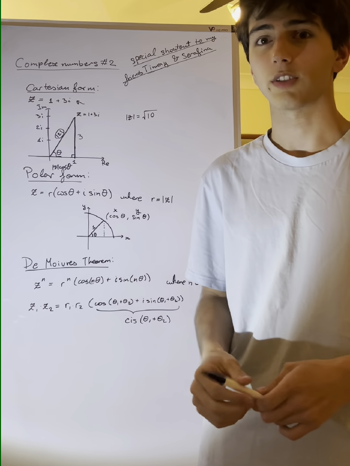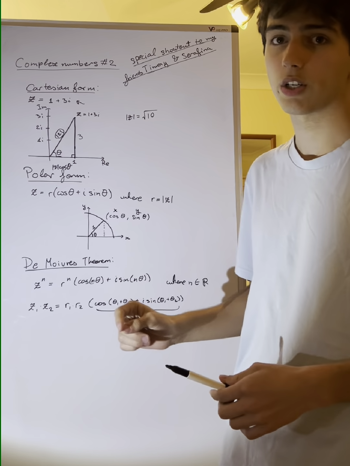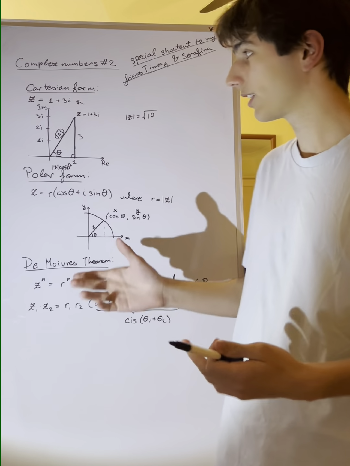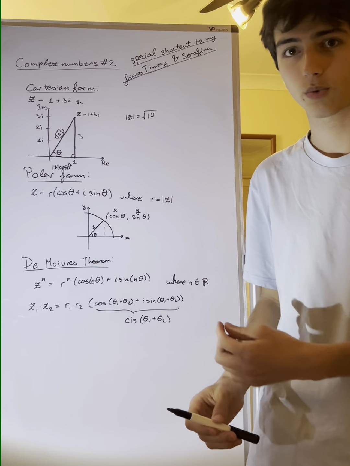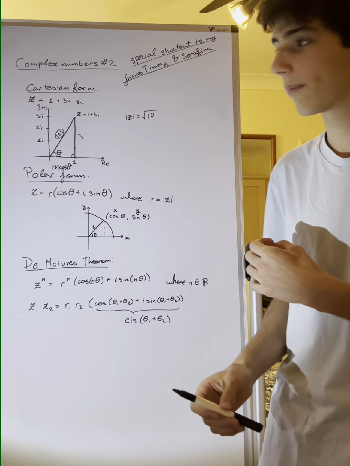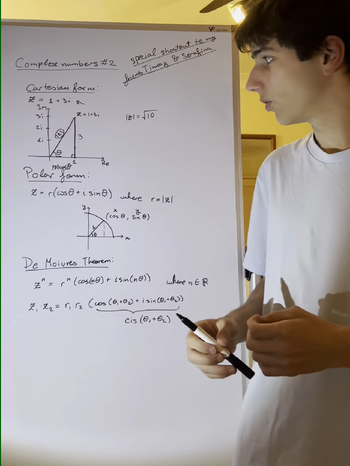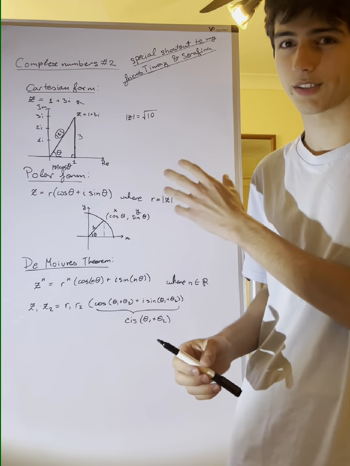And our modulus of z, or the absolute value of z, will be the distance from the origin to that complex number. In this case it's the square root of 10, because it's the square root of the real part squared plus the coefficient of the i of the imaginary part squared.